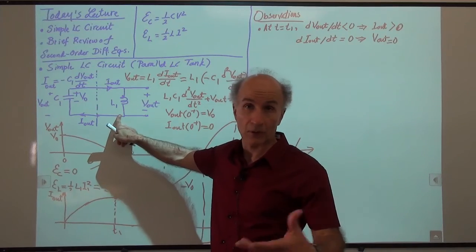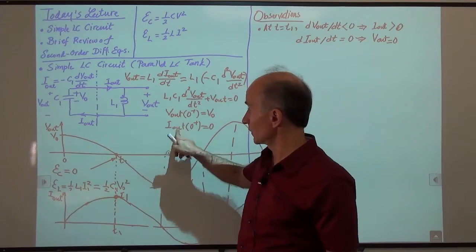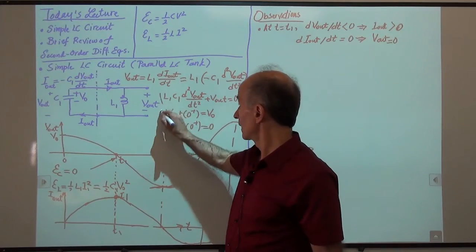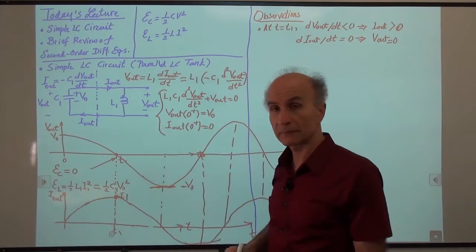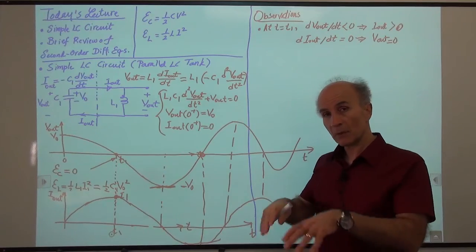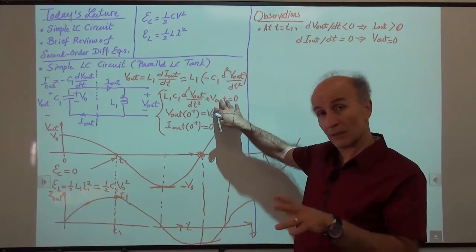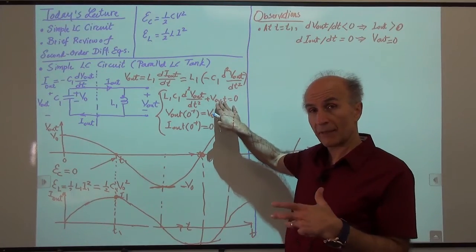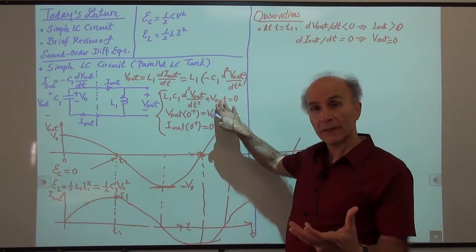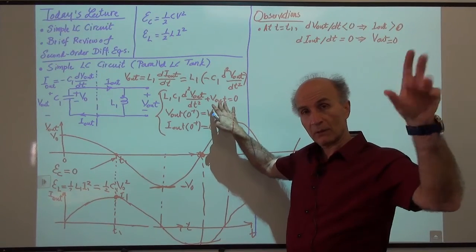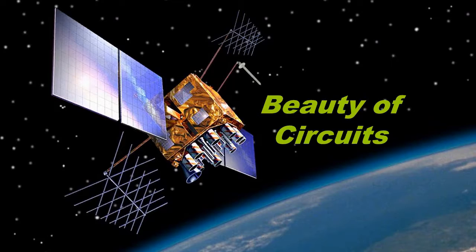The inductor current doesn't want to jump. So those are the two initial conditions that we have. So our objective is to solve this system, right? Now, as we go to more complex circuits, we'll see that the equation itself gets a little more complicated. So we have to have a general solution so that for every one of these circuits we can just retrieve that solution and put it right here.